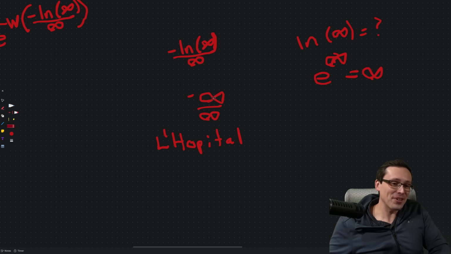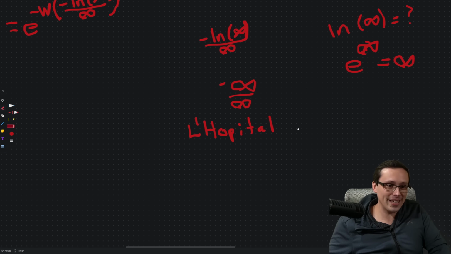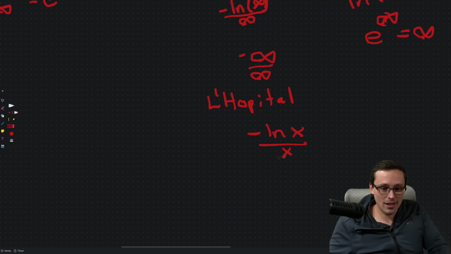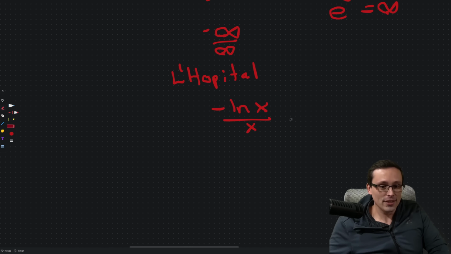Anyway, so at this point, the video is becoming a little bit more advanced, but let's go ahead and deal with this. So we have negative ln x over x, and we want to take the derivative of the top and the derivative of the bottom. The good news is that the derivative of x is just 1, so that's going to completely simplify out. Now, the derivative of the natural log of x is one of the derivatives that you're supposed to just kind of memorize when you're doing calculus.